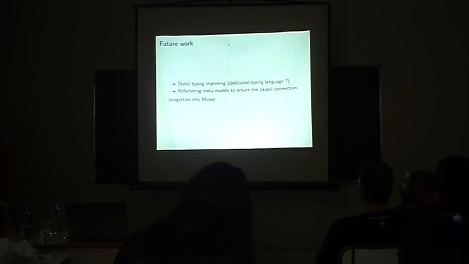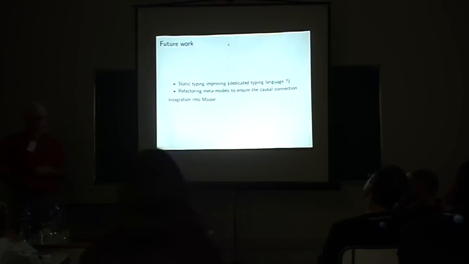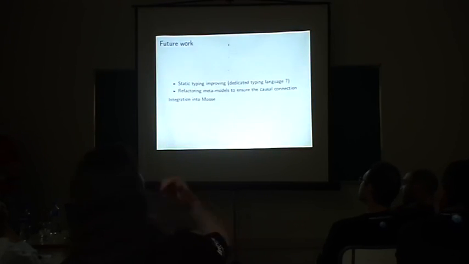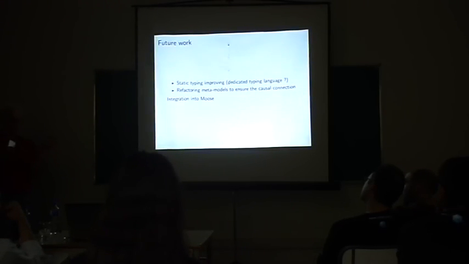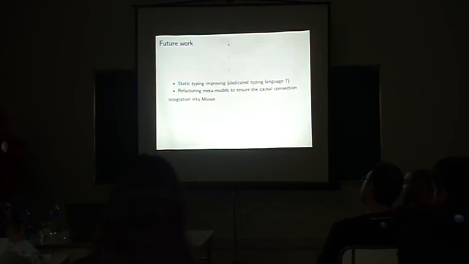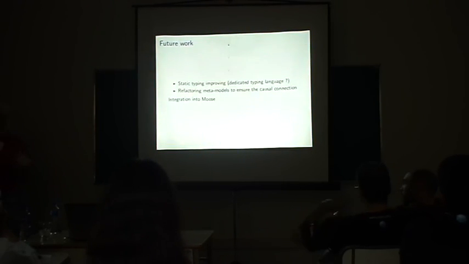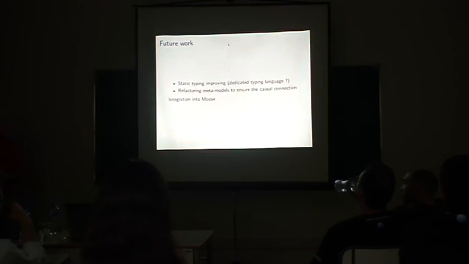Another point would be to ensure the causal connection. The idea will be to use refactoring of meta models in order to be able, from a change, to get our snapshot right. That is, if we are doing a change in our meta model, to continue to have the possibility to use our snapshot, because it's really a big problem.